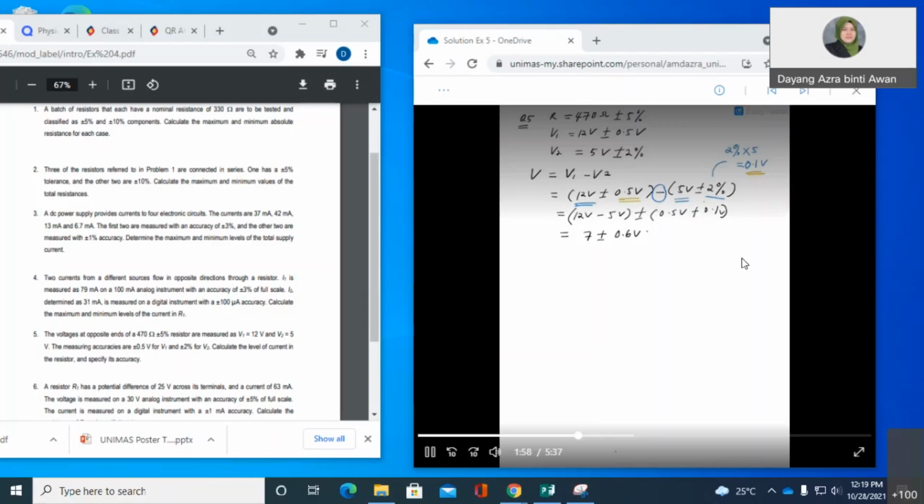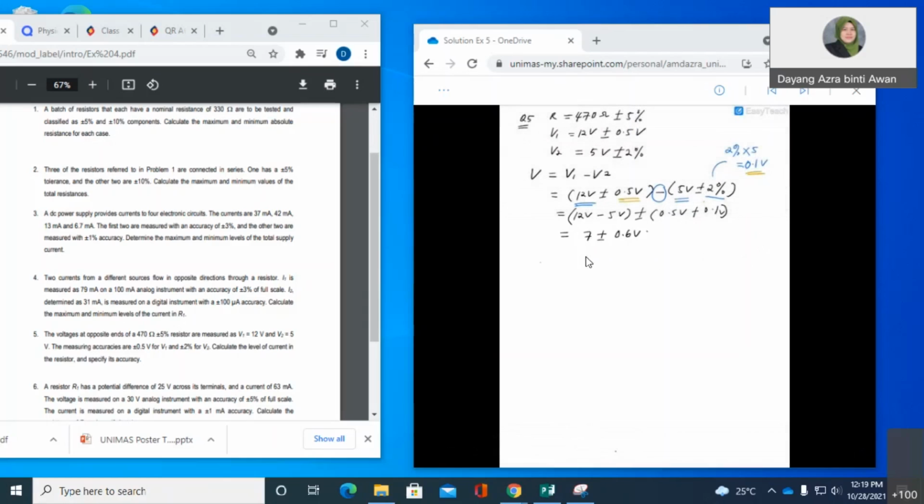So this one is very simple. From the voltage, at the end you can calculate the current because you are given the resistor value.